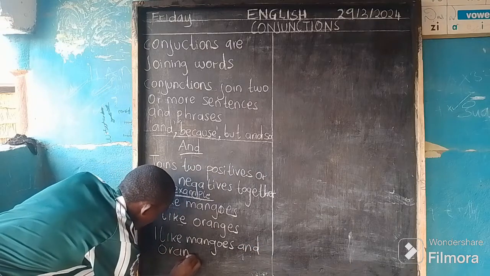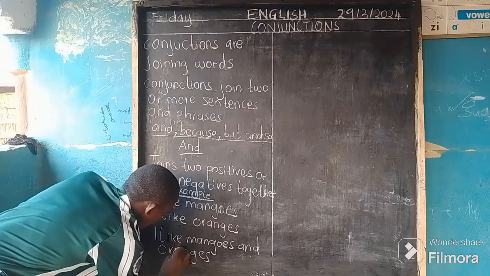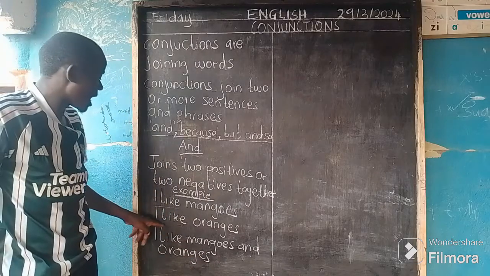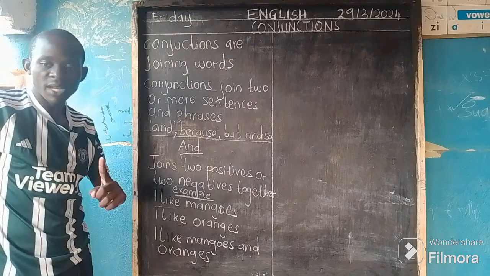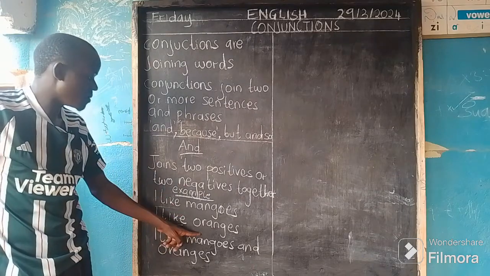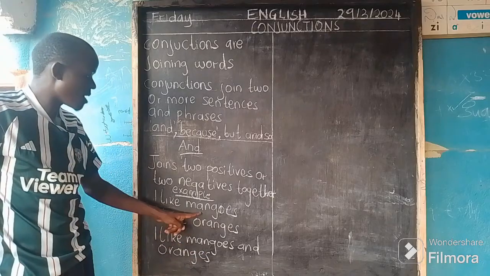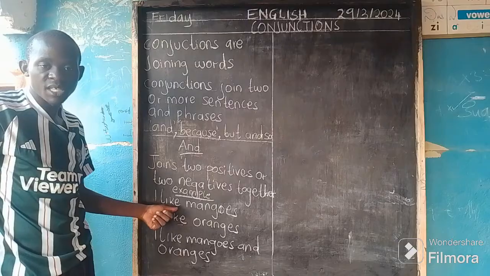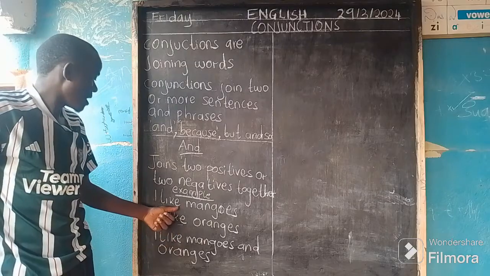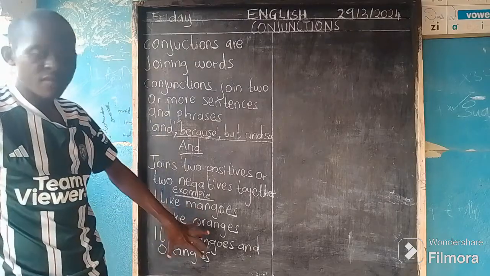You don't say, and I like oranges. You use I like once. Mangoes and oranges are different, but I like, you use it once. This is an example of a positive sentence.